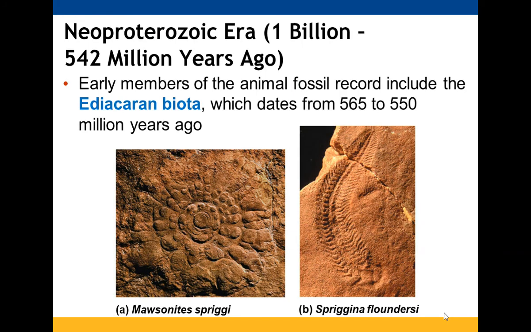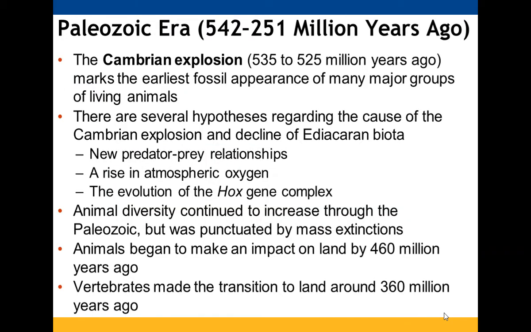Back in the Neoproterozoic era, there were members of the animals in the fossil record that date back to 565 to 550 million years ago. In the Paleozoic Era, 542 to 251 million years ago, the Cambrian explosion took place. That's when we started to see lots and lots of groups of living organisms.